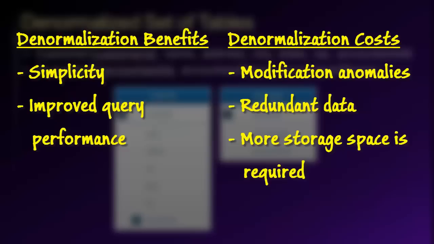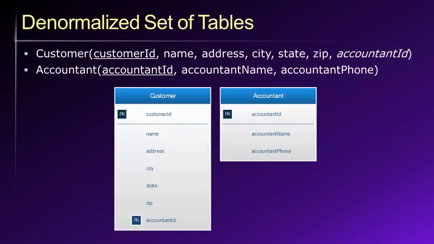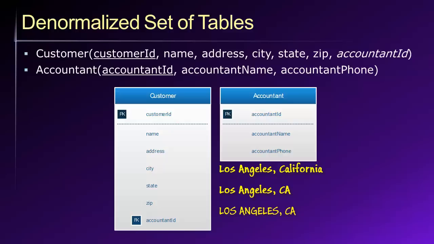What's more, we now have a much greater probability of data entry problems existing in our customer table. One customer, for example, might enter their city and state as Los Angeles, California, where they spell the state California. Another customer might use the 2-character abbreviation CA for California, whereas another customer might provide the city and state entirely as uppercase, while another customer might provide the same information entirely as lowercase.